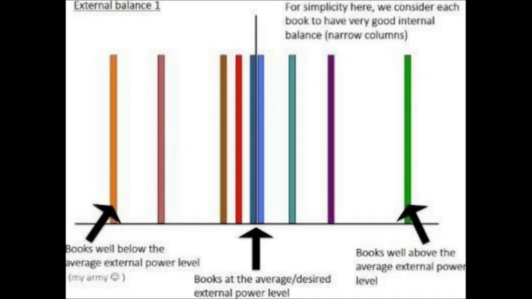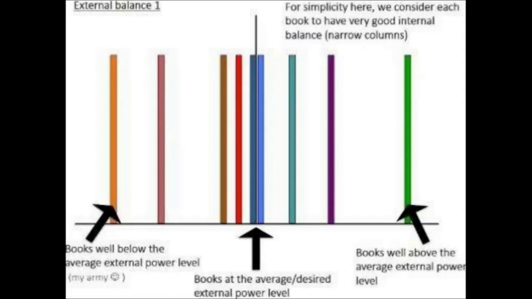Then the books on the most left are the ones which are most below the average external power level. The ones on the most right are the ones which are well above the average external power level. The ones in the middle are nearest to the average or desired external power level.